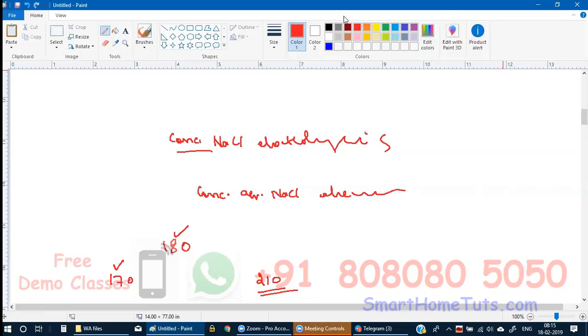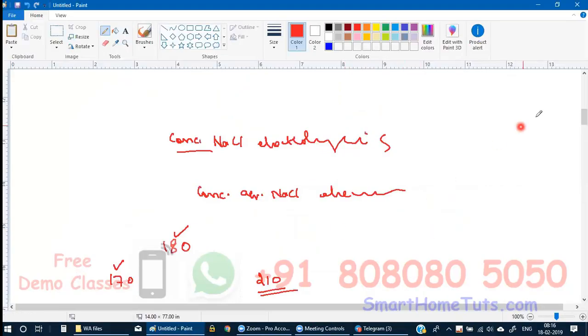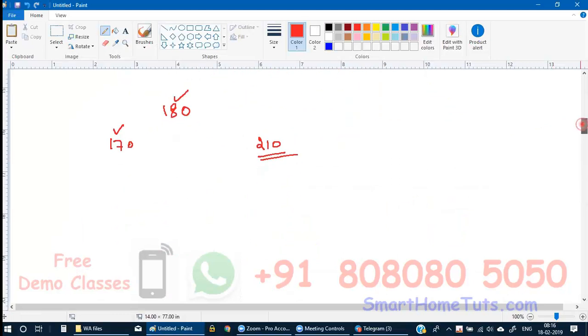Sir, in carbonates, are all group 1 carbonates soluble? SPAN. This is the basic thing. The keywords are sodium, potassium, ammonium. Whatever you put behind that, everything is soluble. Lithium carbonate is soluble too.